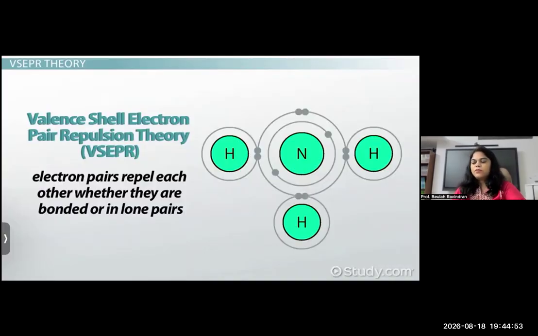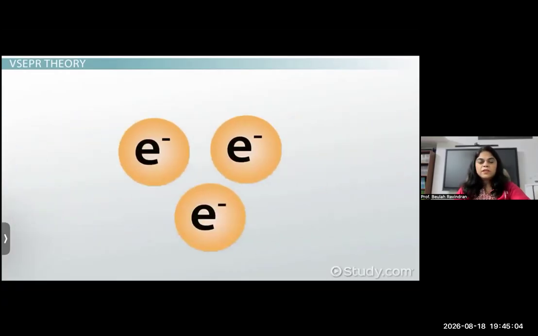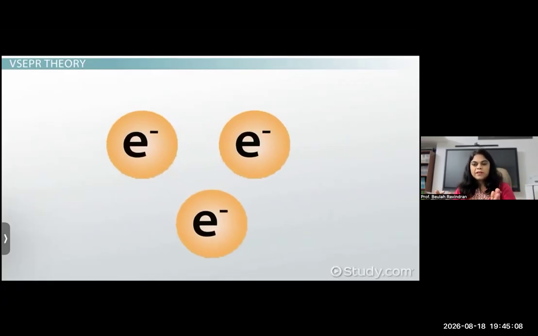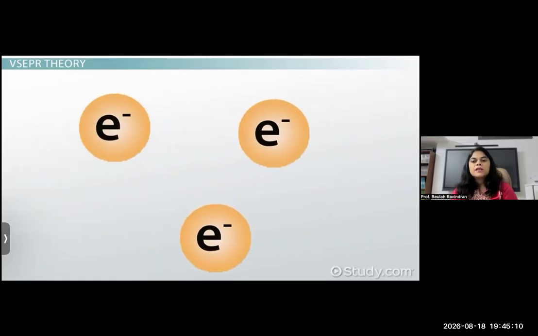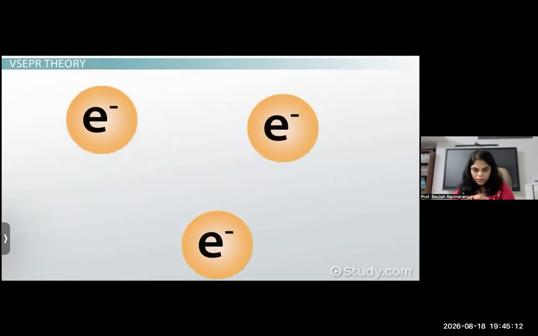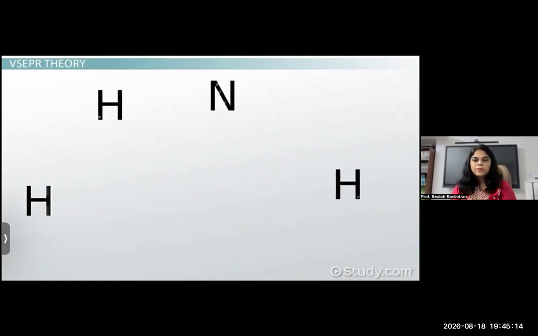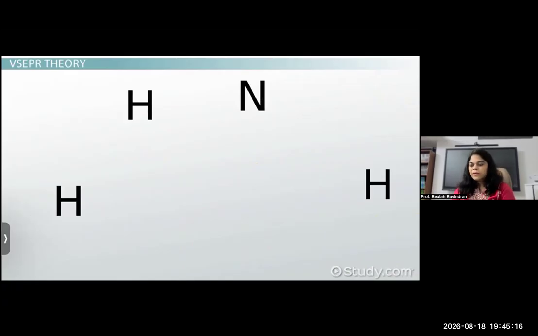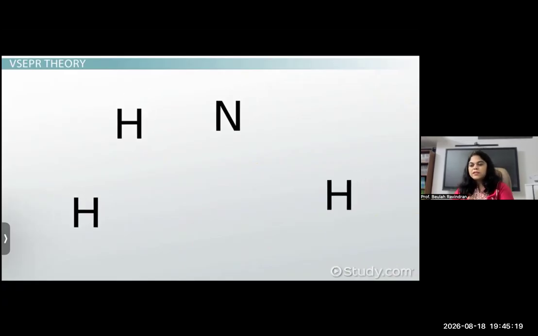You need to understand electron pair repulsion. This is how the repulsion takes place. Electrons have to be separated, moving to maximum distance in order to reduce repulsion, so that it is arranged in such a way.